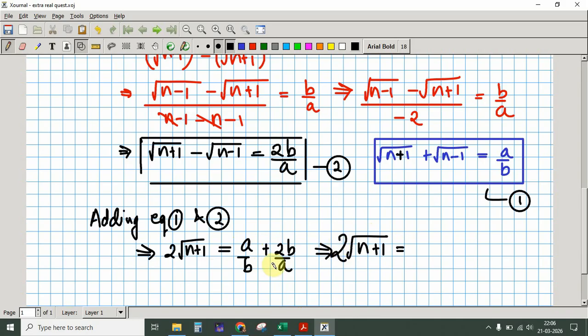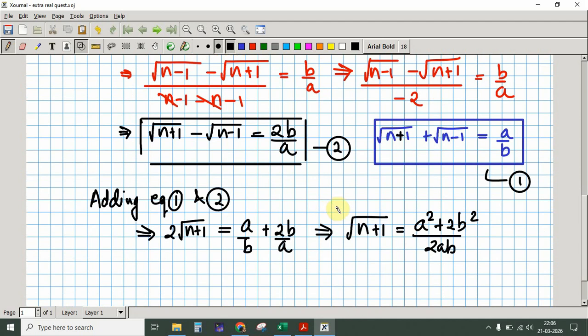Now let's take the LCM on this side. So ab, this like that, so this is a square plus 2b square. And what about this 2? This 2 is shifting by cross multiplying into the denominator. This is also an important equation.